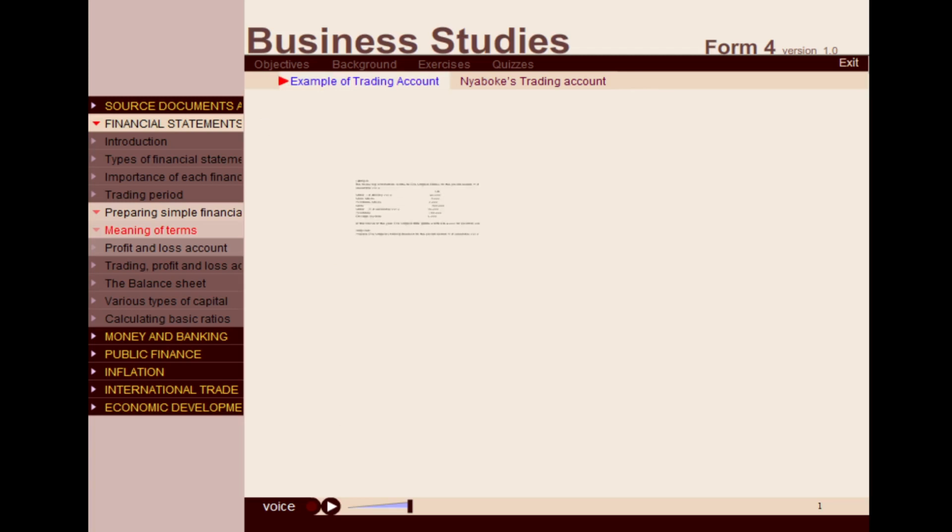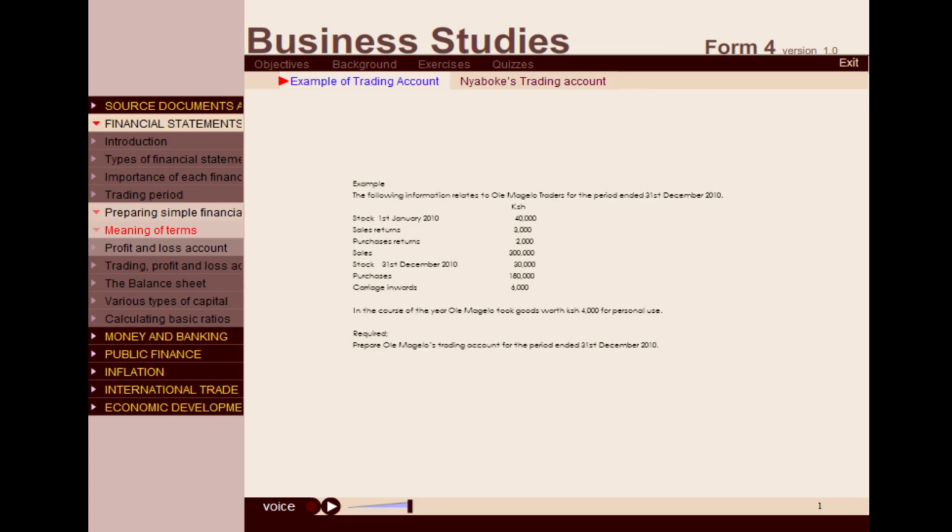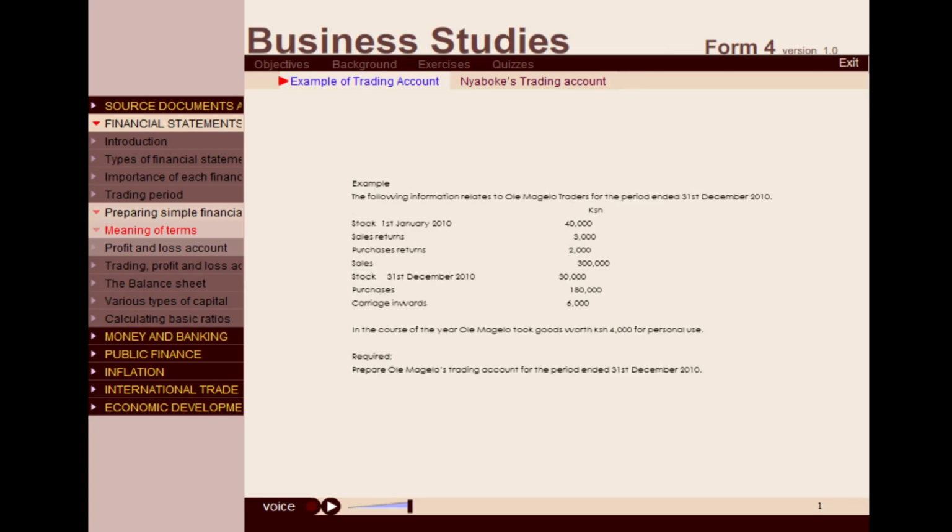Example: the following information relates to Ole Magello Traders for the period ended 31st December 2010. Stock 1st January 2010, 40,000 Kenya shillings. Sales returns 3,000. Purchases returns 2,000. Sales 300,000 Kenya shillings.